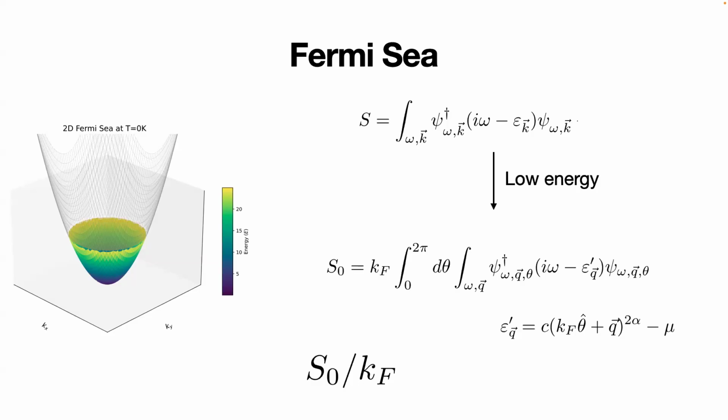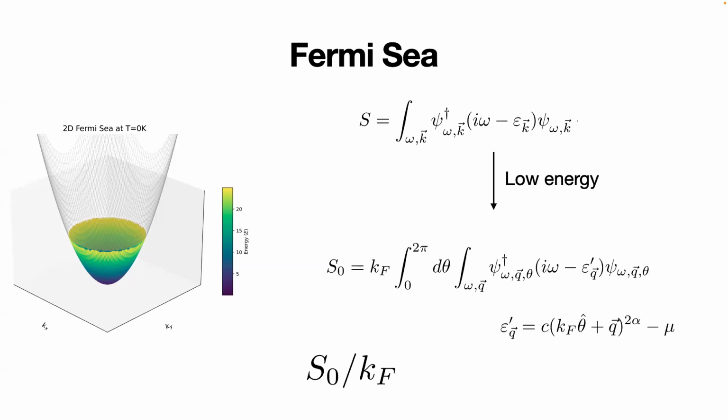In the low energy limit, only the fermions near the Fermi surface can participate in the low energy dynamics. So the low energy effective theory can be written in terms of those low energy fermionic fields. Besides the frequency omega and the momentum relative to the Fermi surface q, these fermions are also labeled by the location on the Fermi surface theta, and the total action is a summation of all possible low energy fermions, basically on the ring.